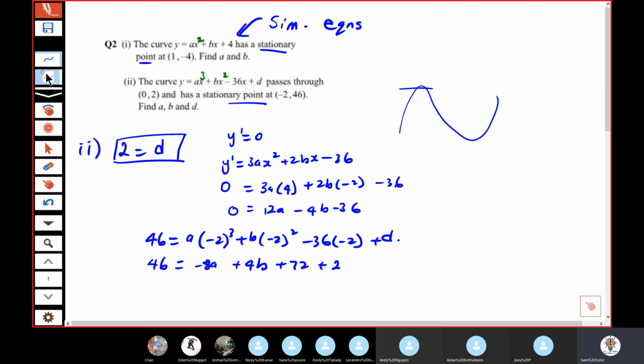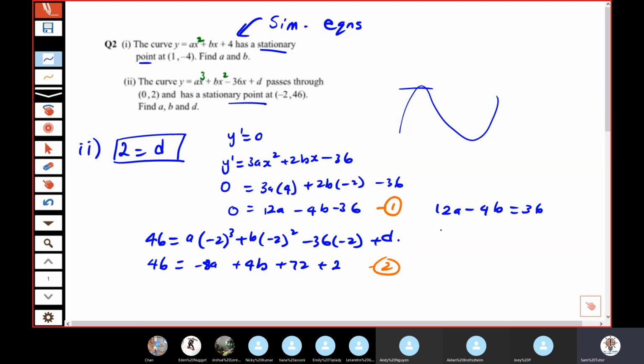And again, we're back to equation 1 and equation 2 when you fix it up. So I am going to fix it up real quick and I'll leave it with you guys to finish off. 12a minus 4b equals 36.